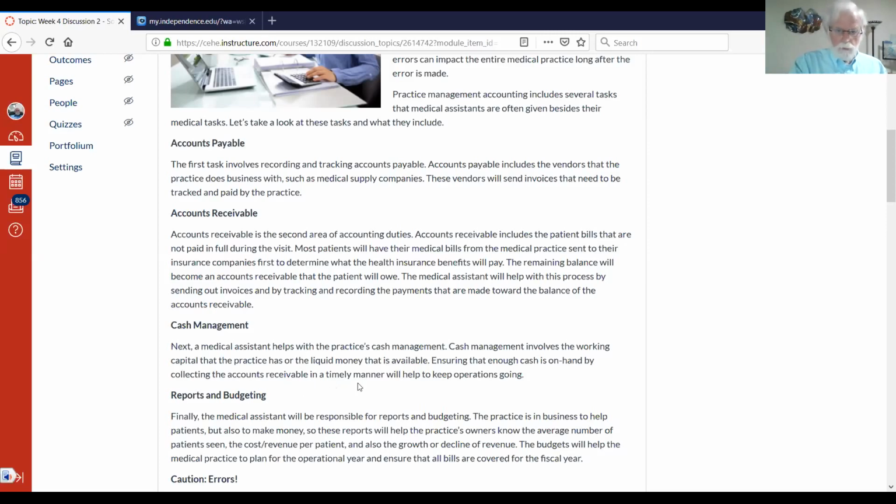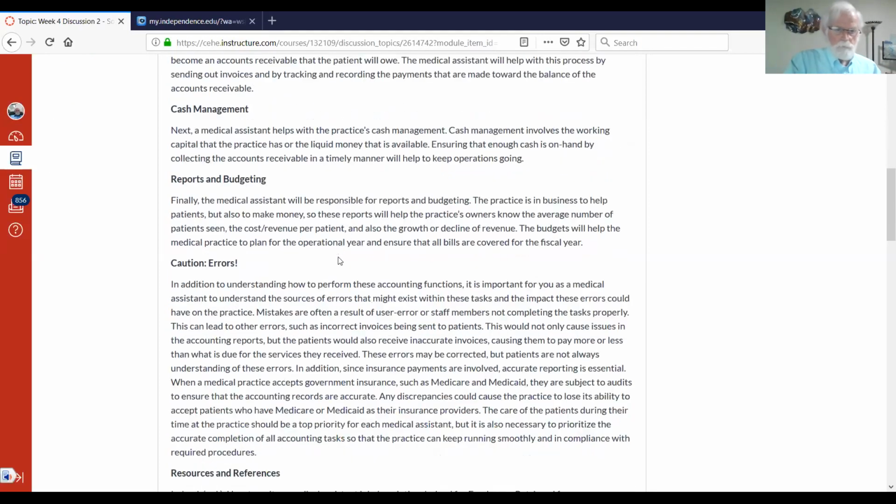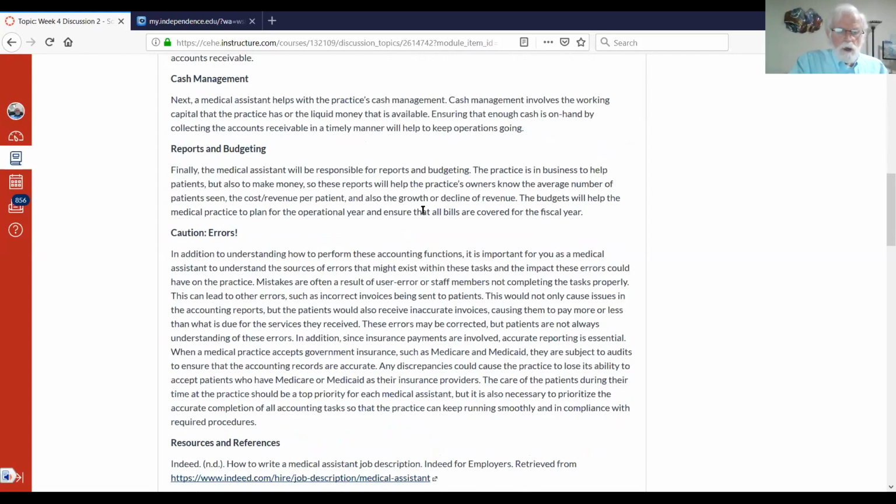Now, in a medical practice, there may be some other expenses that will rival that, such as medical supplies and equipment that you need. But we need to know what they are. All of this is so that we do not have errors.